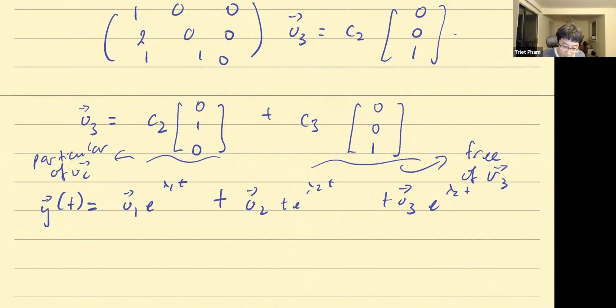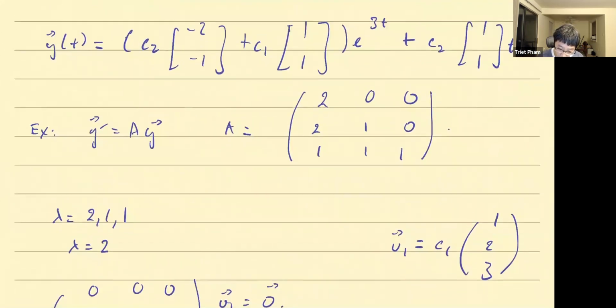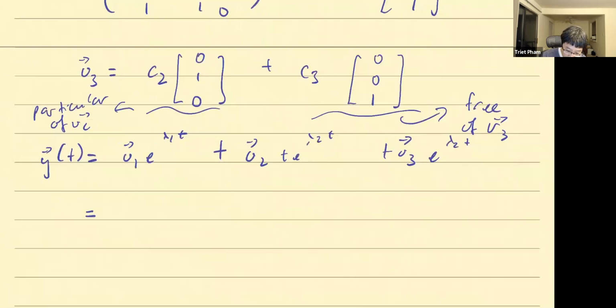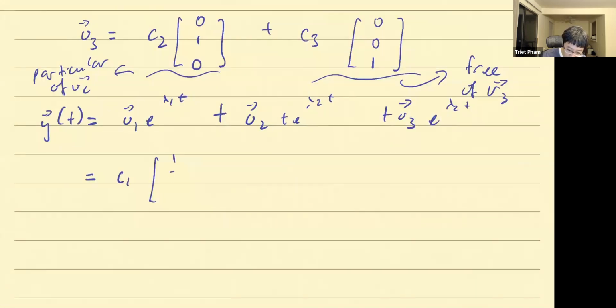So right now, putting things together, my V1 is this, and this is my lambda 1. So C1 times 1, 2, 3, e to the 2t.